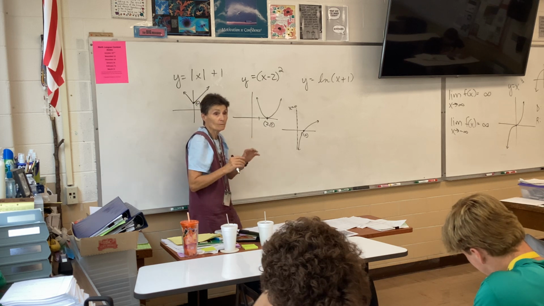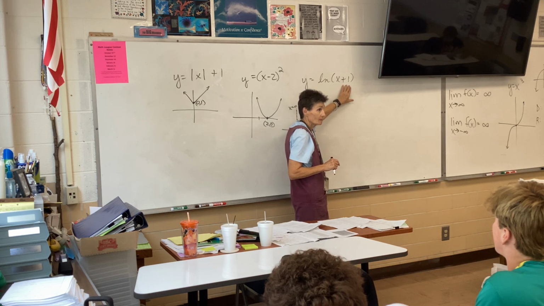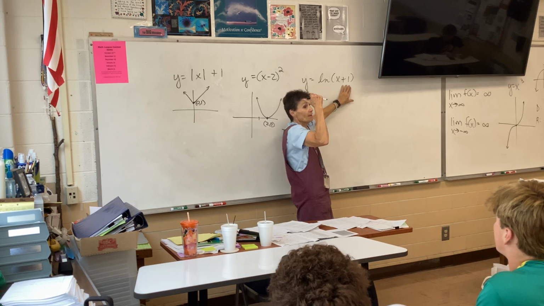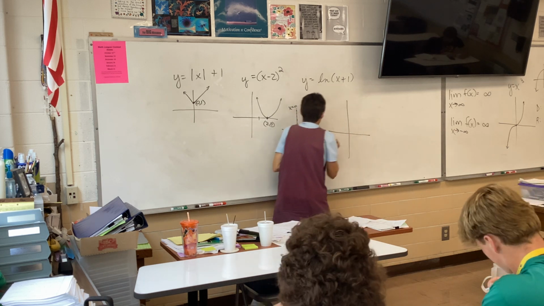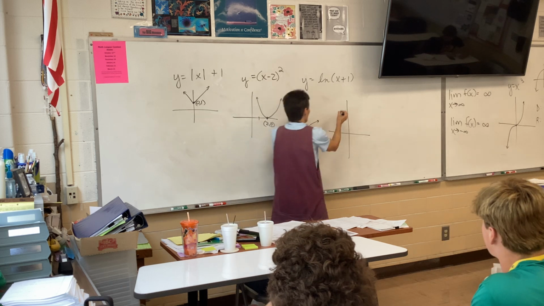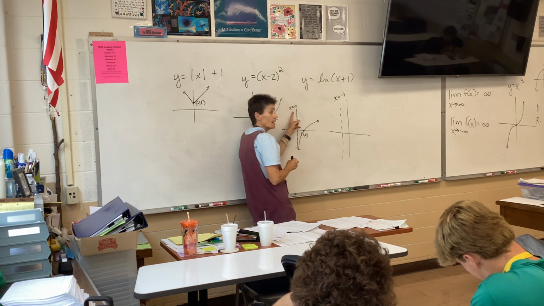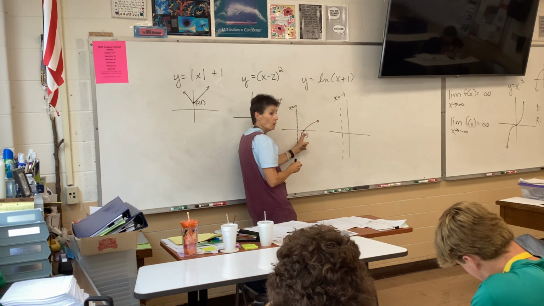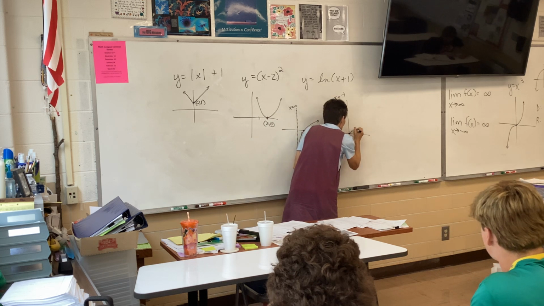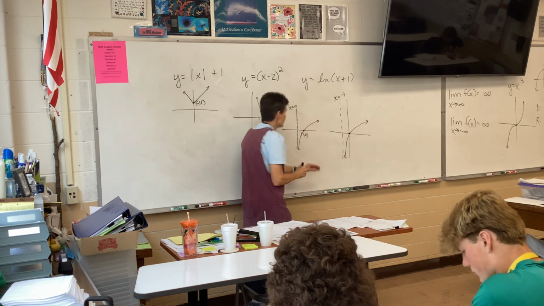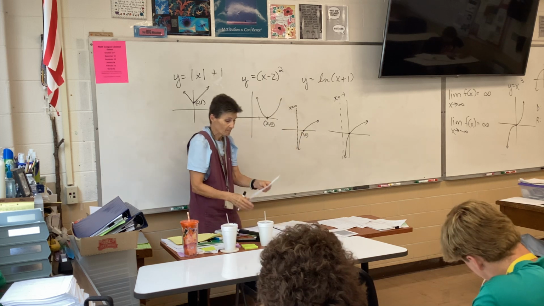That's the normal. Now, what change is this doing? Left 1. So that means your asymptote now won't be at 0, it will be at -1. And your intercept won't be at 1, it will be at 0. The shape will be exactly the same. You've just picked the picture up and shifted it 1 unit to the left.